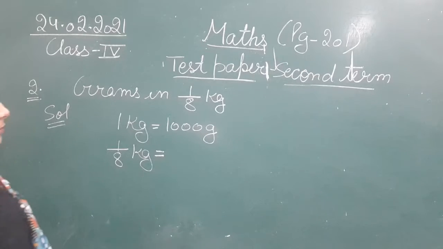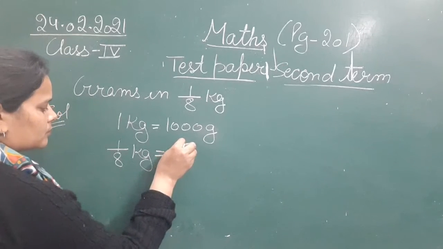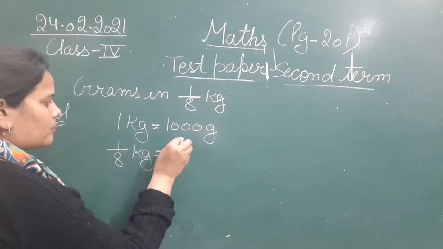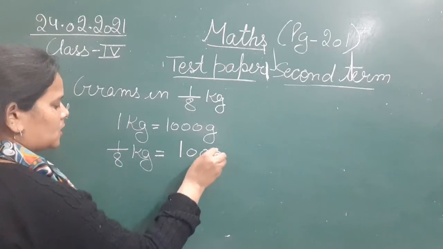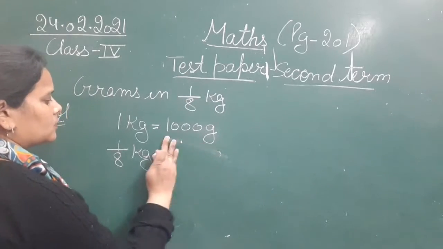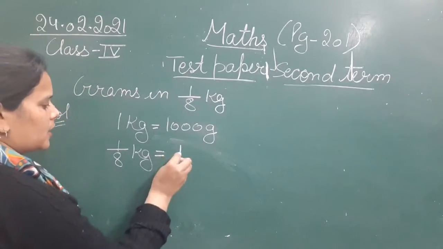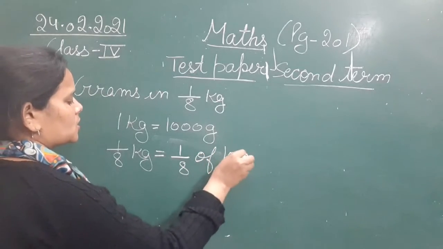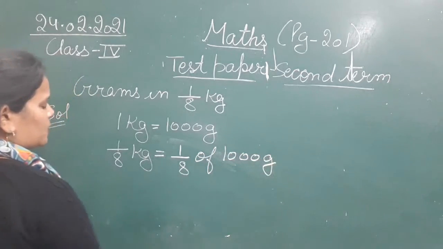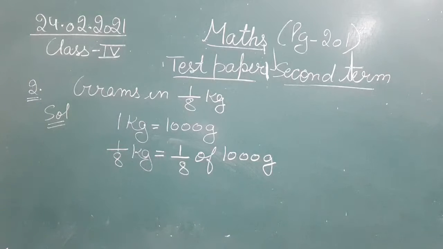So that means 1 upon 8 kg is 1/8 of 1000 grams. 1 upon 8 kg निकालने के लिए हमें 1/8 of 1000 grams निकालना होगा. Only then can we find the 1/8 of 1000 gram, that is 1 upon 8 kg.